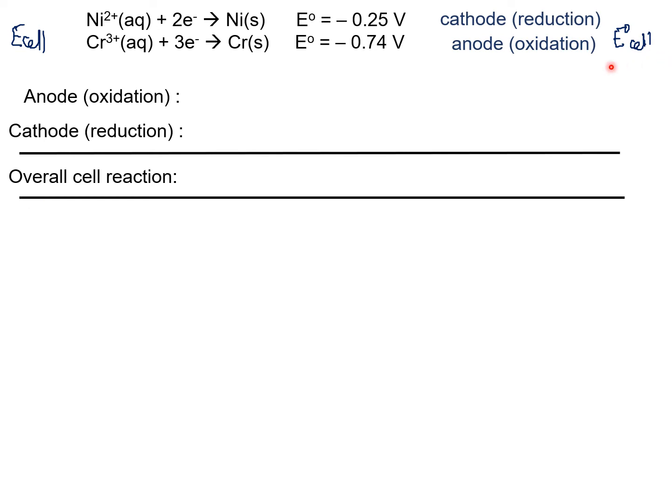Lepas tu kita boleh cari the standard cell potential by using the formula E naught cathode minus E naught anode. Okay, so sekarang ni you build the half cell reaction equation yang berada di cathode, di mana Ni2+ ni dia akan undergoes reduction, so dia akan gain electron. Pada asalnya this is dia punya equation yang asal.